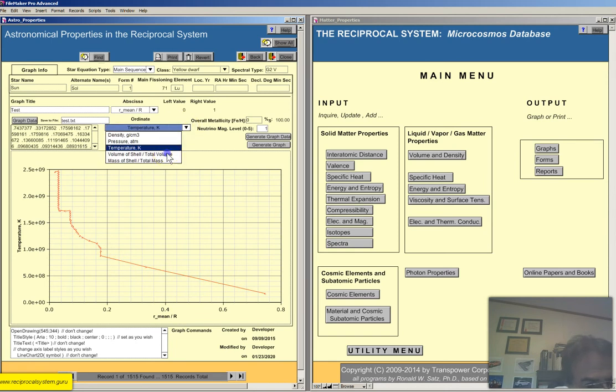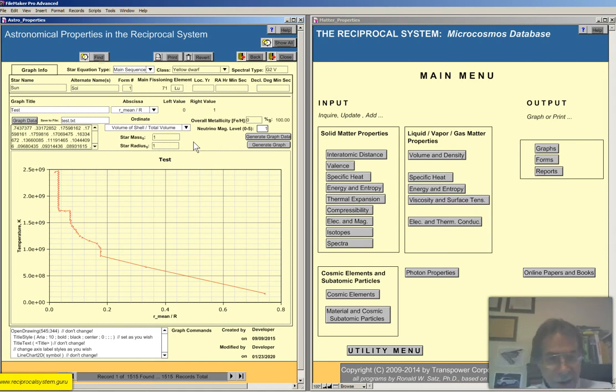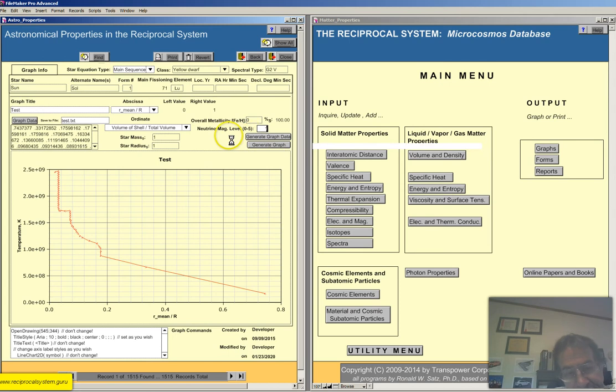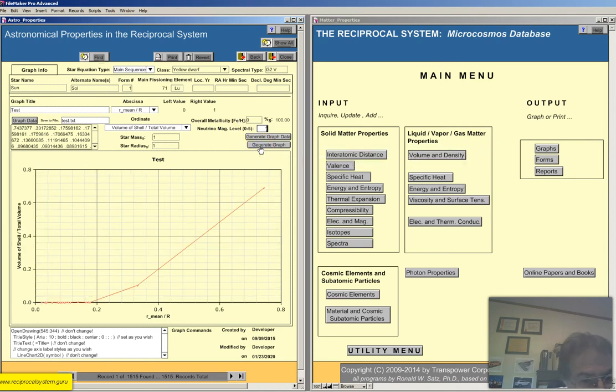Let's see what the next one is: volume of shell divided by total volume. In the model that I use here, there are shells. Each element is in its own shell, from hydrogen all the way down to the core with the highest element. So let's generate the graph data, and generate the graph.